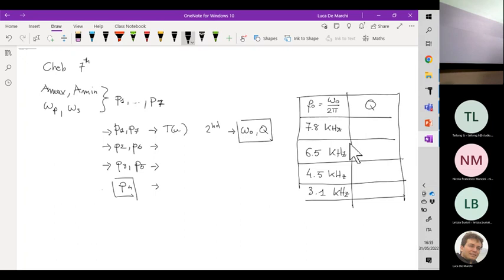The quality factor Q, after all this calculation, is 5.56 for the first case, 1.66 for the second, and 0.79 for the third.